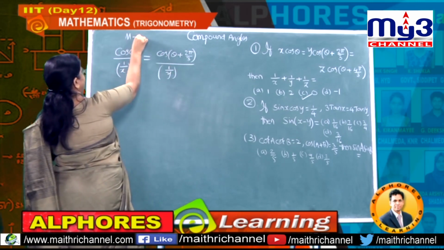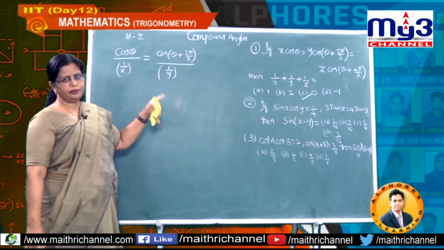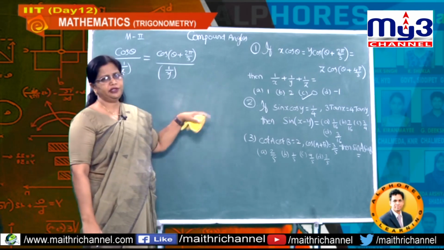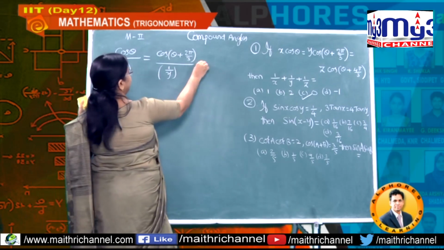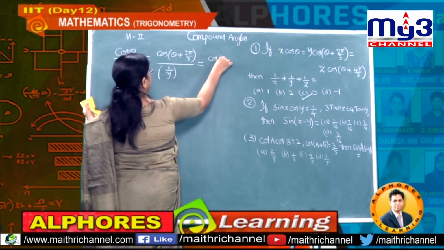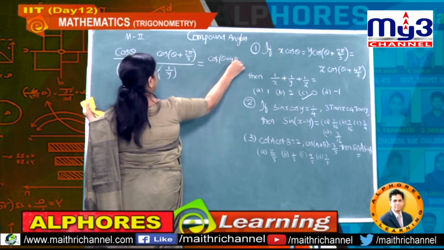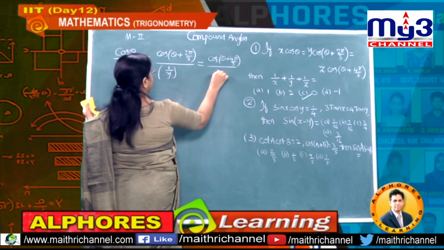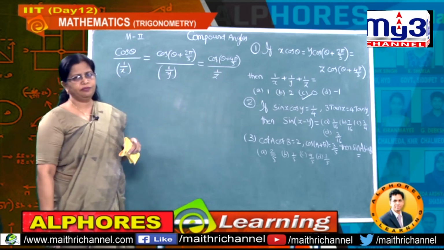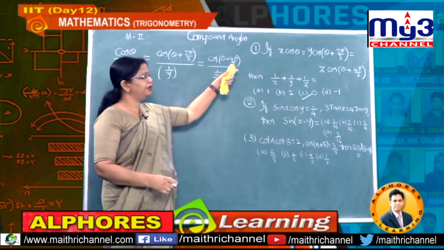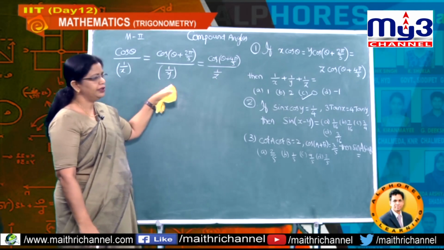We are doing method 2, that is direct approach without taking any substitution. Now this side is cos of theta plus 4 pi by 3 divided by 1 by z, understand. So the given condition totally we arranged in this way.